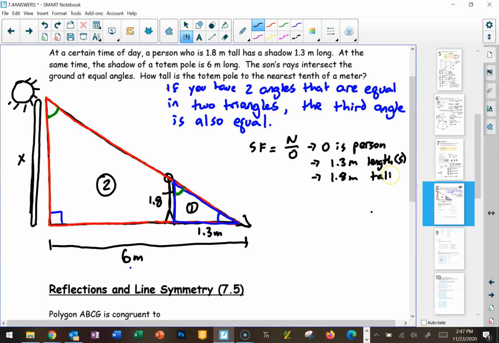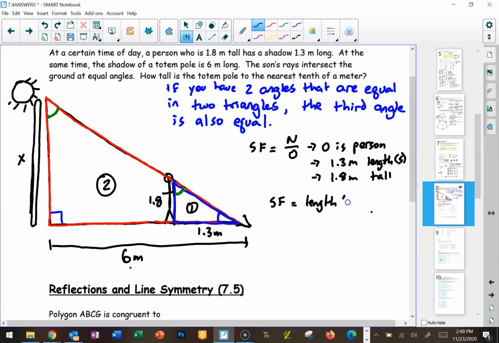So we've got two pieces of data there if we say that the person is the original. Let's figure out what the scale factor is first. The scale factor is going to be equal to something from the new over something from the old. Well, what do we have together? We've got the new length of the shadow, so we're going to deal with the length of the shadow.